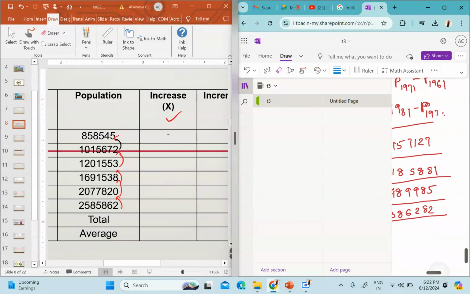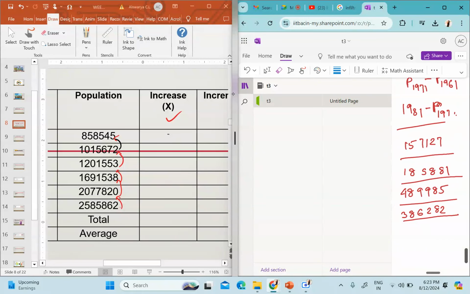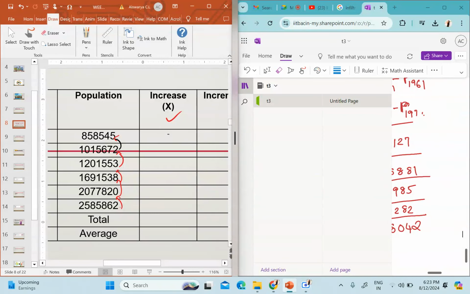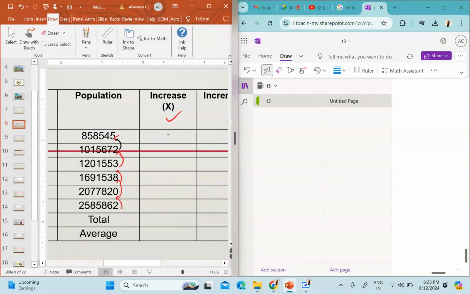We can solve quickly and go to the next question. After that, it will be 508042. Basically, what you are doing is taking the difference from here to here, final minus initial, final minus initial. Like that you are calculating and filling in the increase.